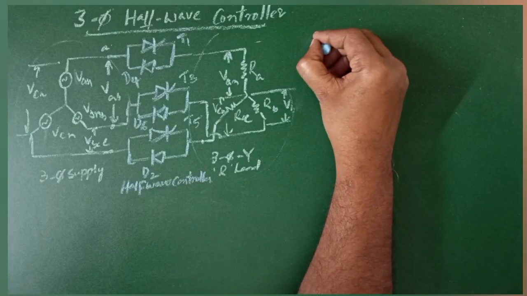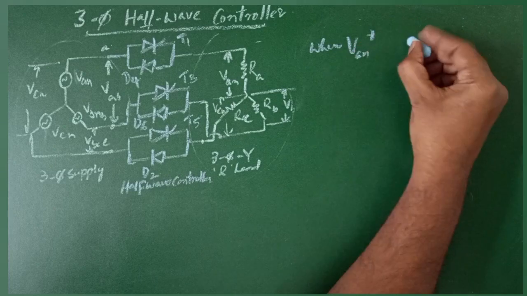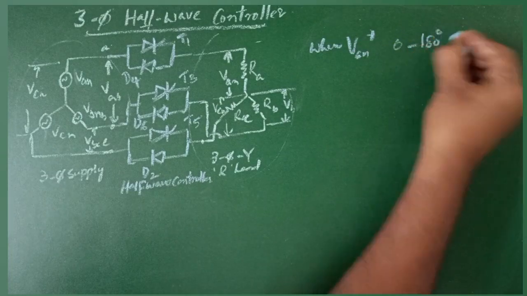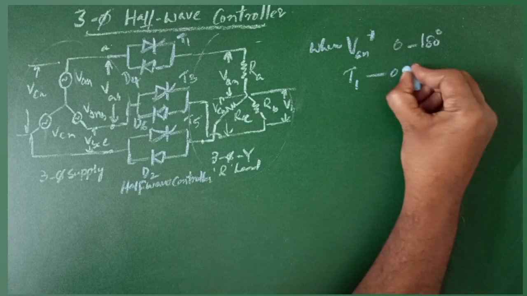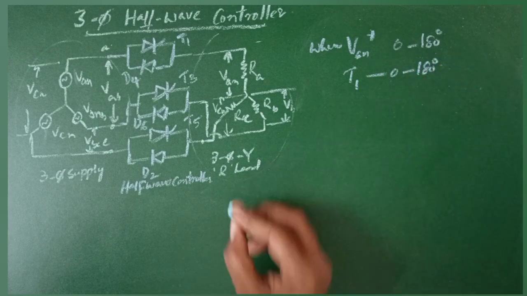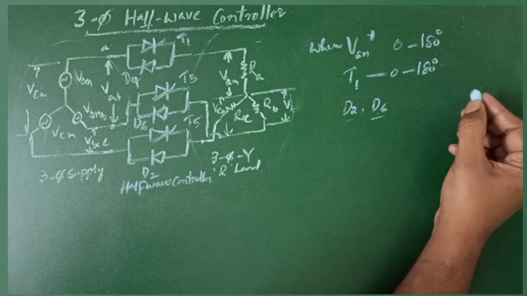Operation: when VAN is positive, that is between 0 and 180 degrees, T1 is triggered and it conducts from 0 to 180 degrees. Then the return path will be shared by either D2 or D6 or by both.